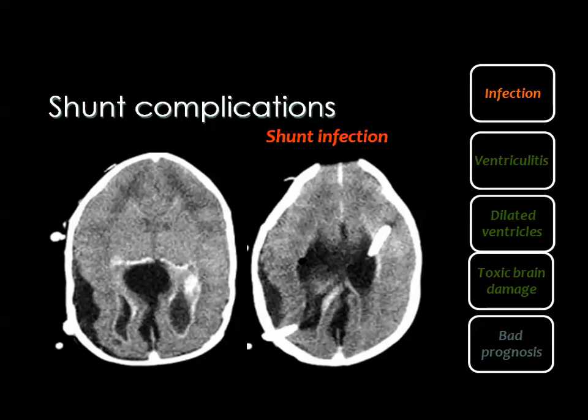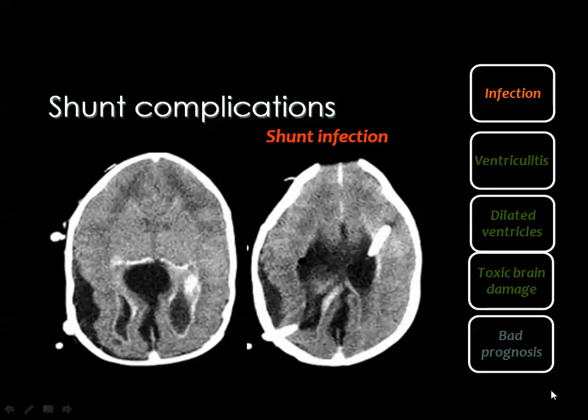And you know that in the ventriculoperitoneal shunt, the distal part of the shunt tube is in the abdomen. Then, in cases of infection in the abdomen, like peritonitis or trauma, the infection may go inside the ventricles via the shunt tube.